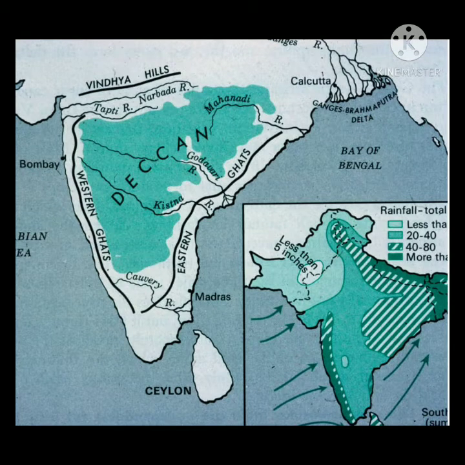Godavari, Krishna, and Kaveri are the important rivers of the Deccan Plateau. The northwestern part of the plateau, occupying Maharashtra, parts of Gujarat, and Madhya Pradesh, is called the Deccan Trap. It is made up of black soil. The plateau region is very important for our country as it is rich in minerals.